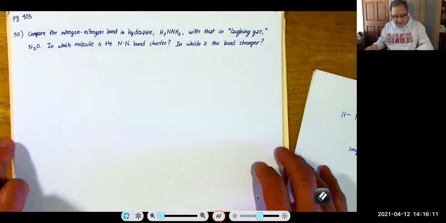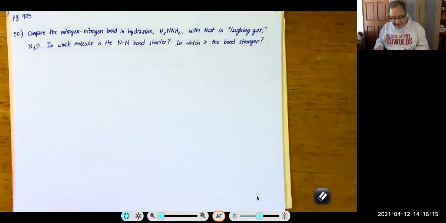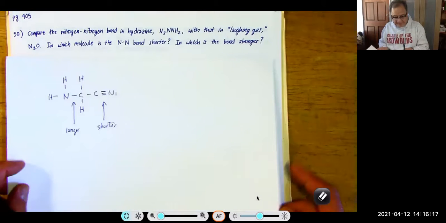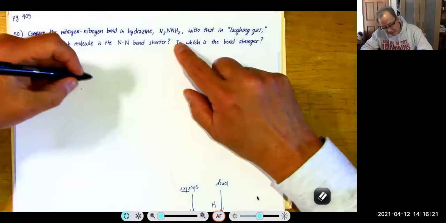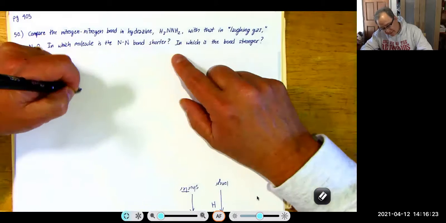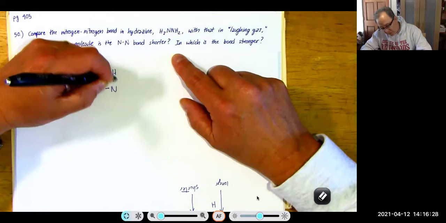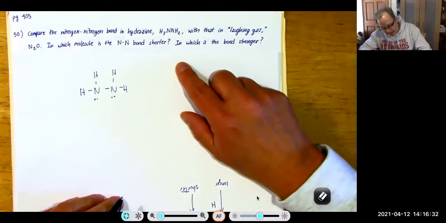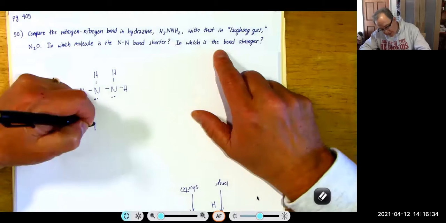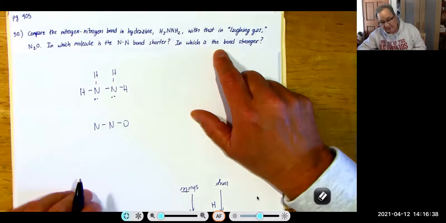Okay, here, compare the nitrogen-nitrogen bond in hydrazine with that in laughing gas. So hydrazine with this H2N, this is what we would predict for it. And in laughing gas, we would end up with this. Why is nitrogen the central atom in laughing gas?